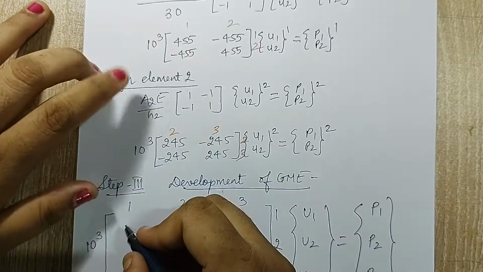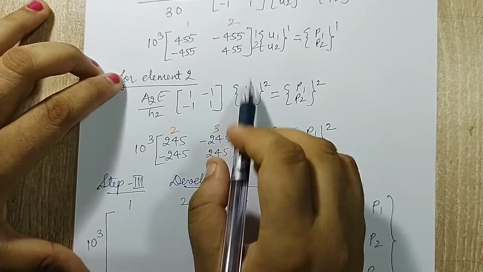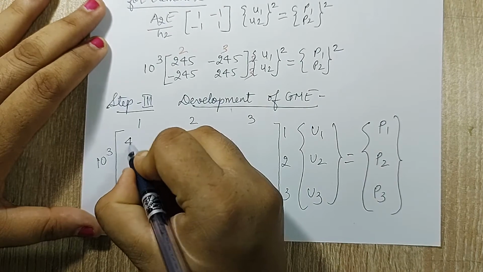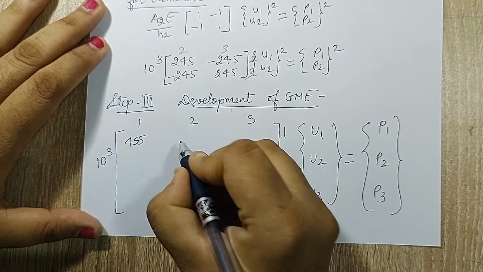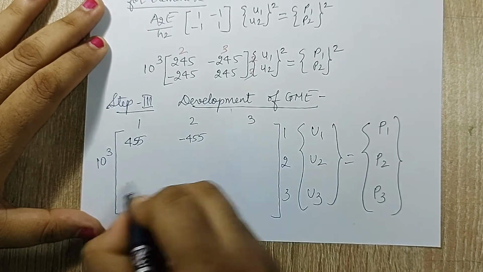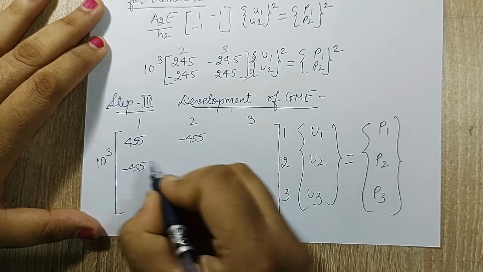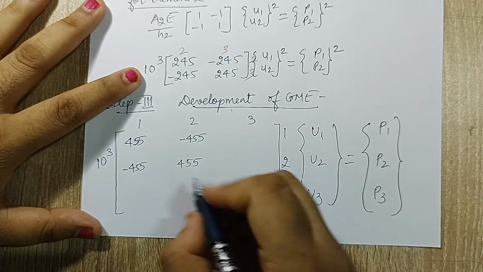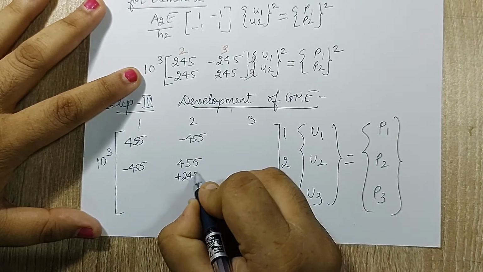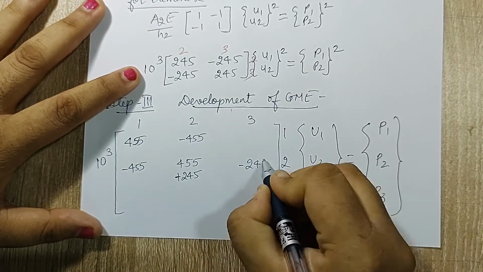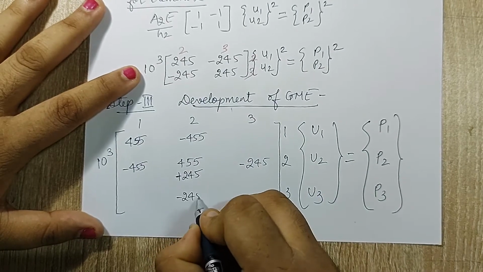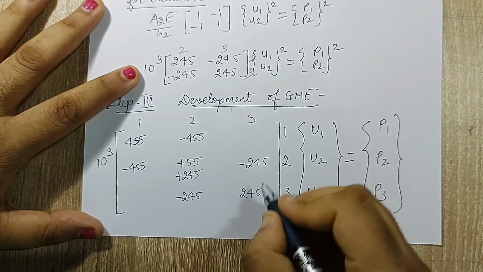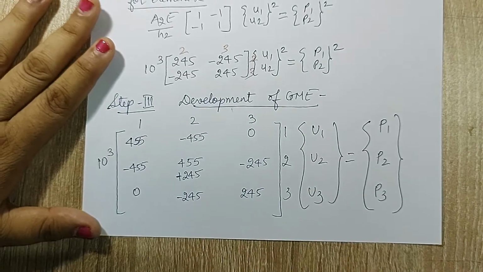For element 1, the value is 455 in the 1 2 1 2 position, so I'll write down 455, minus 455, minus 455 and 455. For element 2, it is 245 at 2 3 2 3. Here it will be 0.